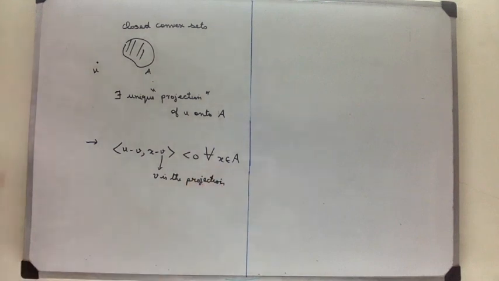So these kinds of properties will be useful later on when we go to proving things like gradient descent.